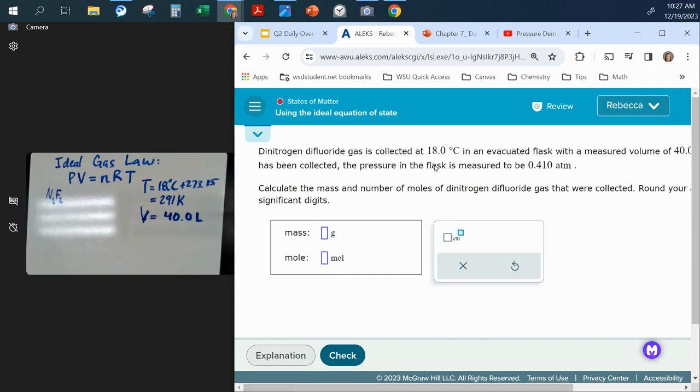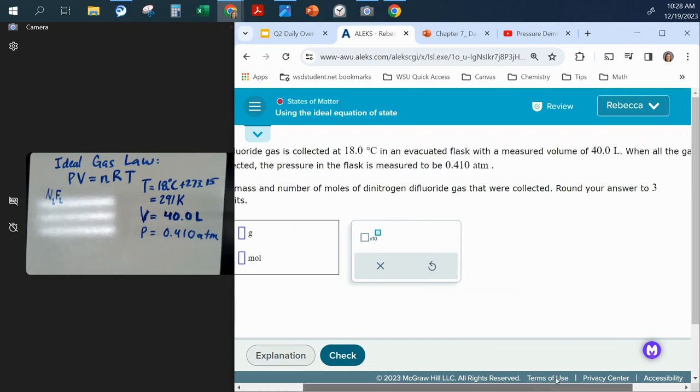The pressure in the flask is measured to be 0.41 atmospheres. Great, we have the pressure. All right, calculate the mass and the number of moles of dinitrogen difluoride gas that were collected. Round your answer to 3.